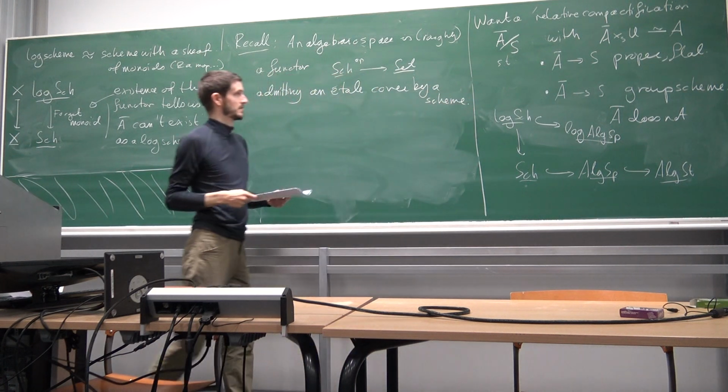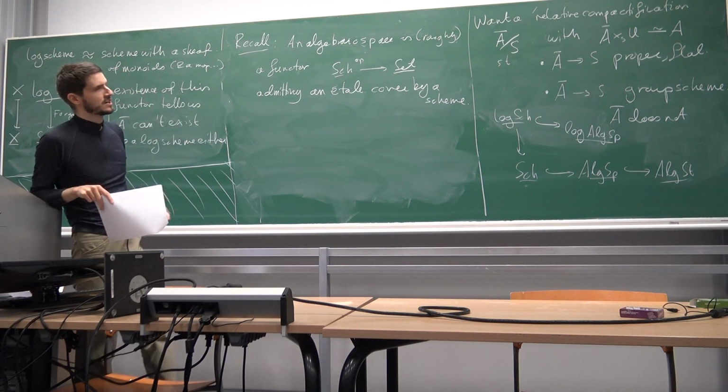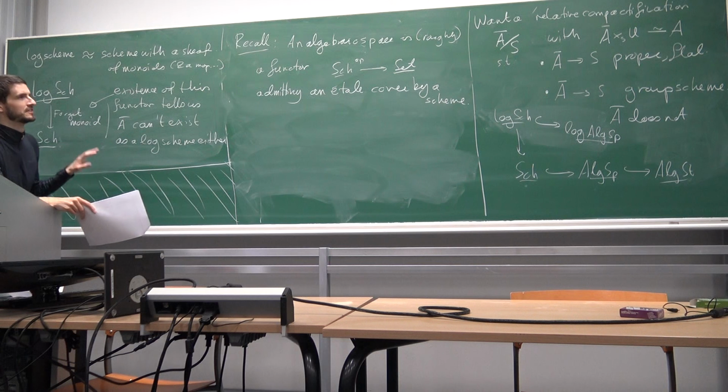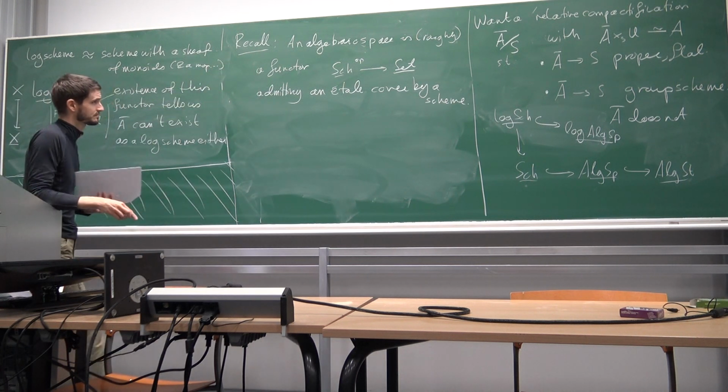So I better require that my functor is a sheaf for the étale topology, and there are also some conditions on the diagonal which depend slightly on which reference you're using. But the important thing is that it's some nice functor which has an étale cover by a scheme.